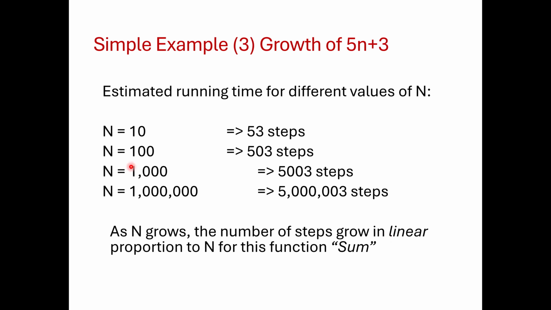Now, let's see here. As n is increasing, so we'll go from 10 to 100 to 1,000 to what? 1,000,000, right? What do we see happening to the number of steps? As n is increasing, we also see that the number of steps is what? Increasing. Do you agree? Yes, sir.